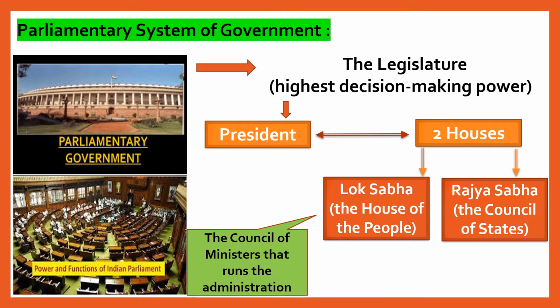The Council of Ministers that runs the administration emerges from the Lok Sabha and is answerable to the Lok Sabha for all its decisions in the administration. In parliamentary democracy, the discussion and debates that take place in the parliament have a great significance.